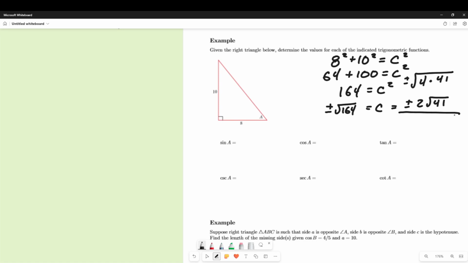Yes, I want you to do this. I always want you to fully reduce your radicals. If you're not used to doing that or not in practice of doing that, it's a great opportunity to practice doing that. It will make the things that we do easier as we go along. I also do want you to be careful and remember your plus or minus when solving for c squared. Since this is just an everyday triangle, this length can't be negative.